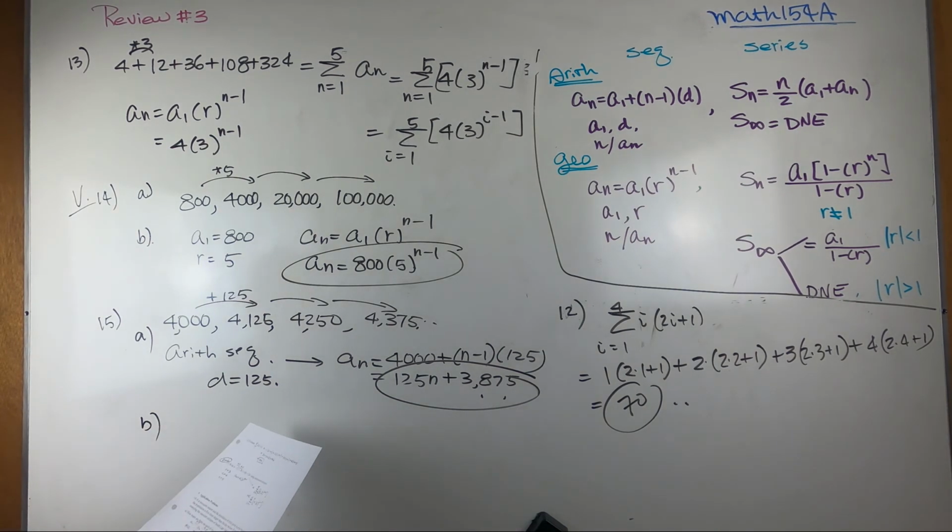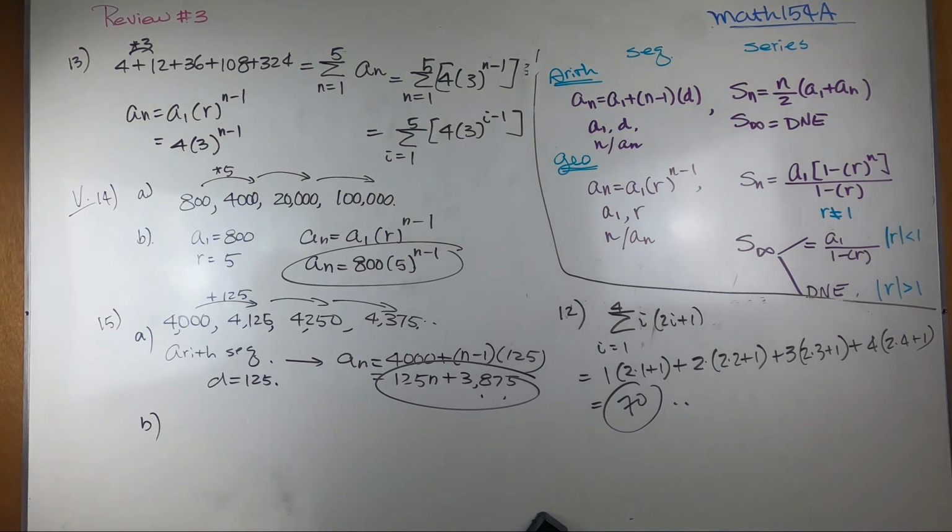Next one. What was his monthly salary at the end of his training? How long is his training? First year of training, right? So what do we need to do?